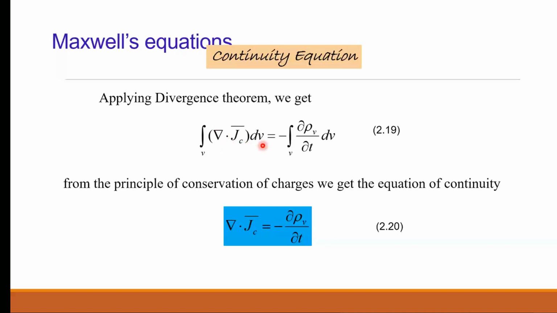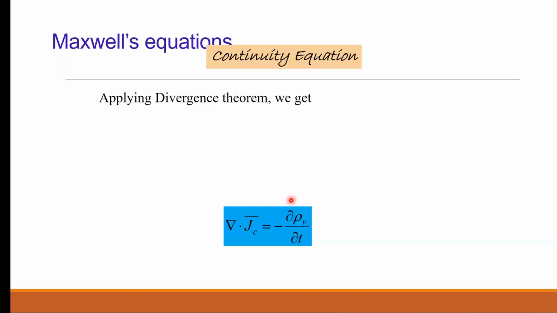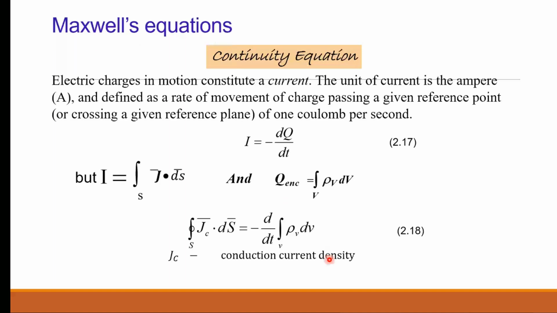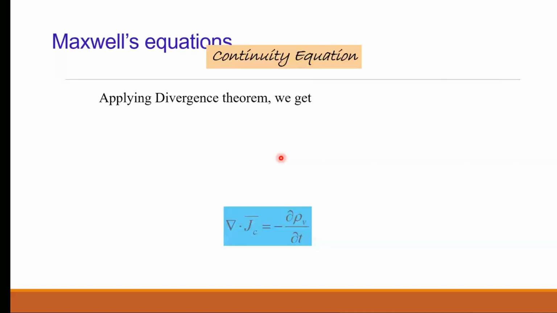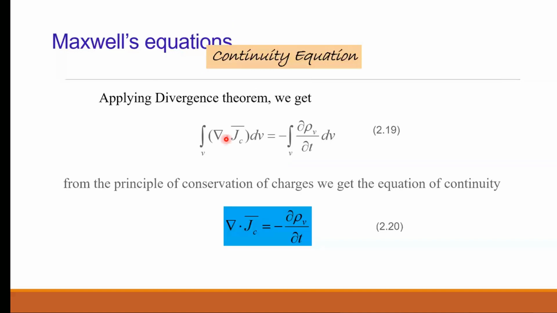So volume integration of del dot Jc into dv is equal to minus dou rho v by dou t into dv. Volume integration is equal to volume integration, so we can neglect the integration, dv we can cancel.